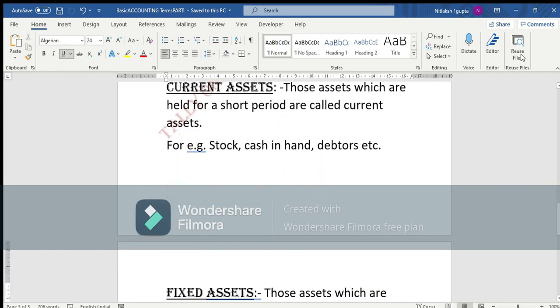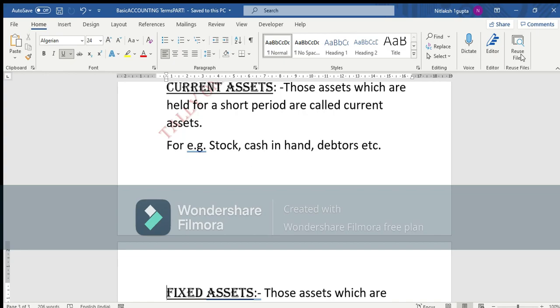Current assets are the assets which are held for a short period, and these assets are meant for sale, or the management would want to convert them into cash within 1 year, meaning short term. These assets are also called short term assets because these are held by the management only for a period of 1 year or less than 1 year, not more than that.